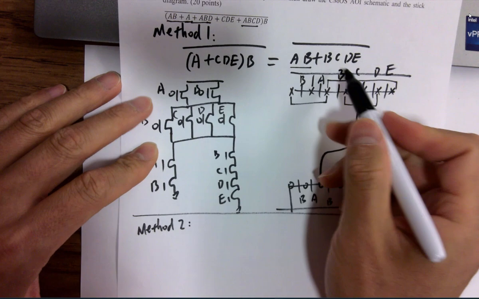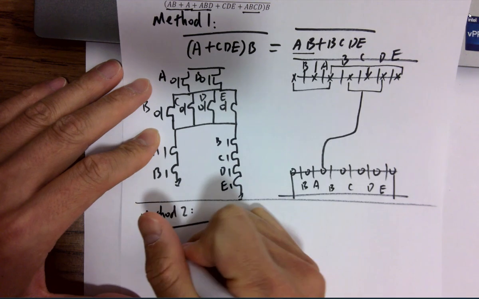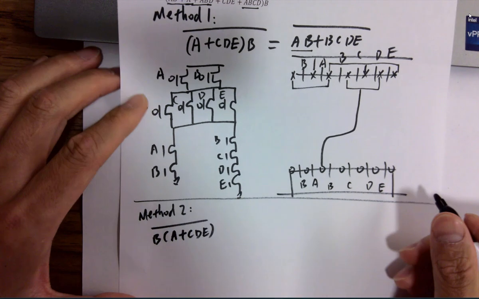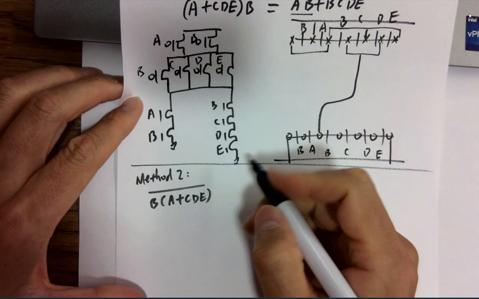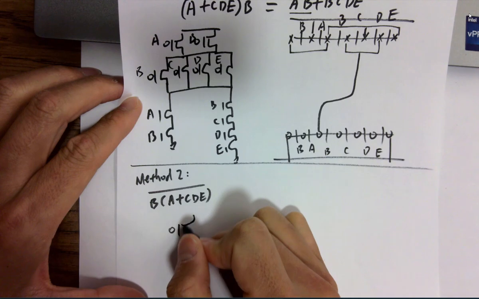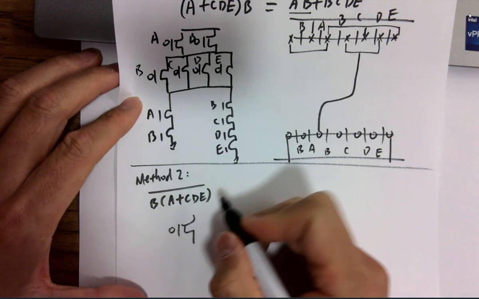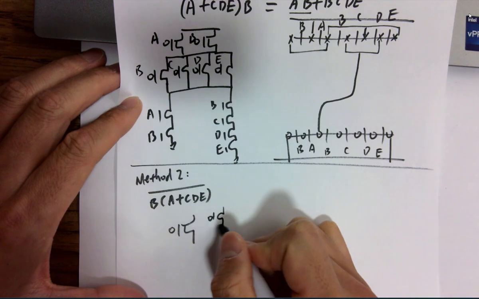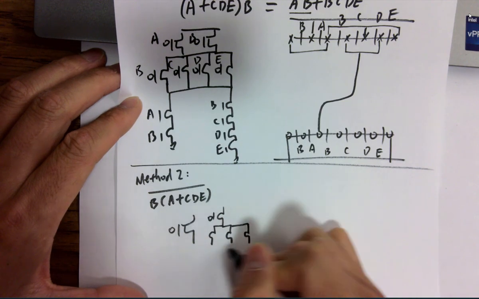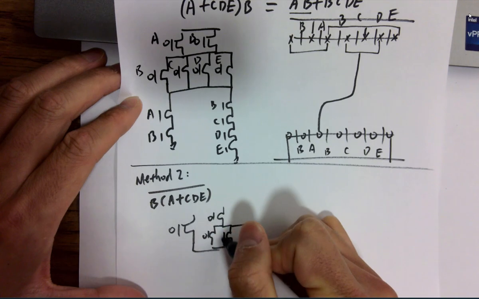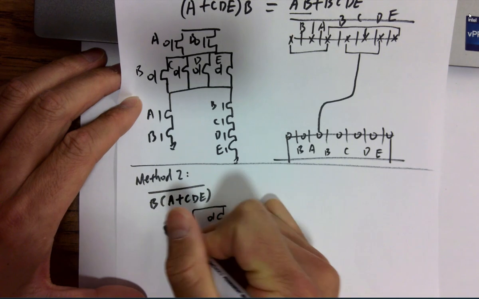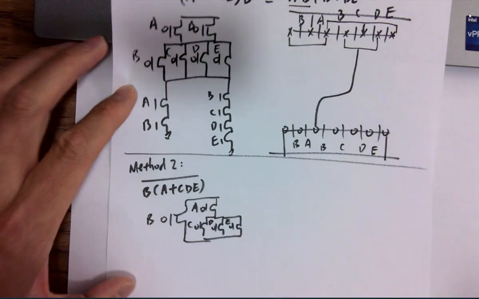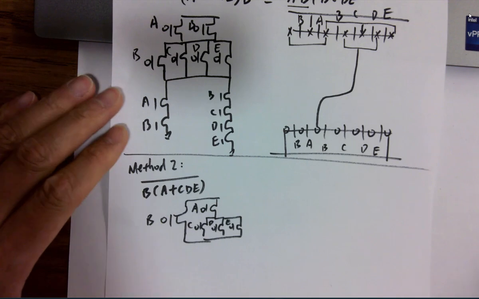For method 2, you could factor B out. And it becomes B and A, C, D, E. Okay.